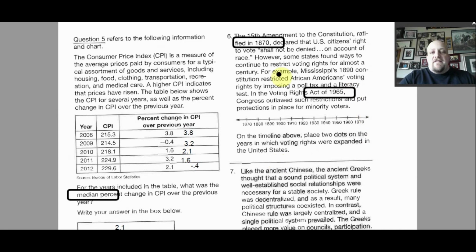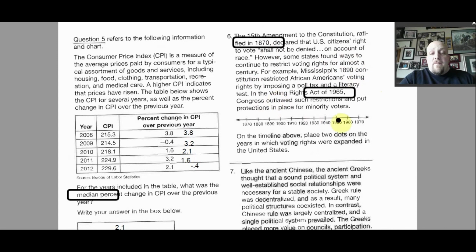So, like I said, the reason I checked these 2 and not 1890 is because this one moved voting rights forward more than anything. Said everybody has a right to vote. Then 1890 comes along, Mississippi tries to stop that, and they try to make it go backwards. So we don't want 1890. They're just throwing that in there to kind of mess with you a little bit.